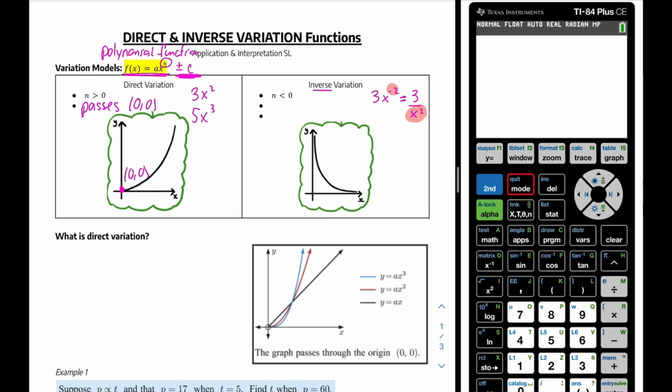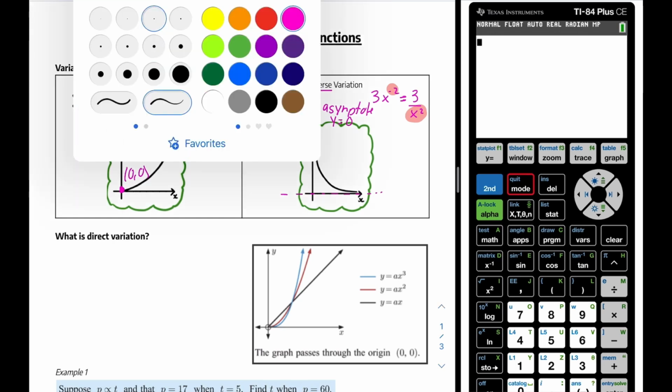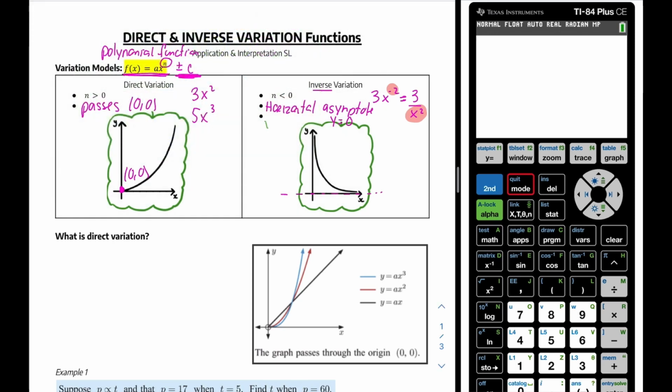And since we have x in the denominator, we now are going to have a horizontal and vertical asymptote. So technically, the horizontal asymptote is going to be when y is equal to 0, while our vertical asymptote, maybe I can choose a different color, this is when our denominator is equal to 0, which seems to be happening when x is equal to 0.